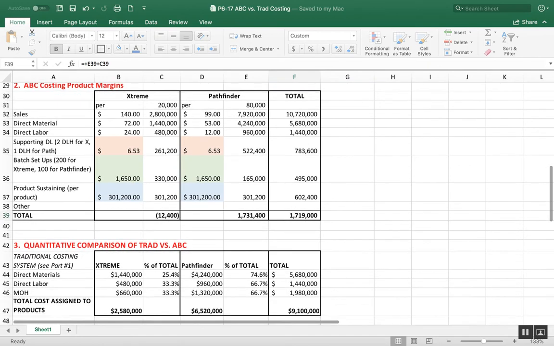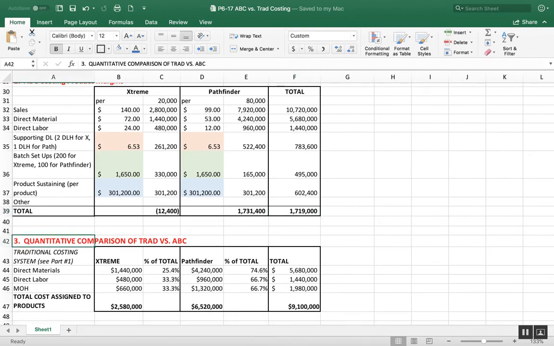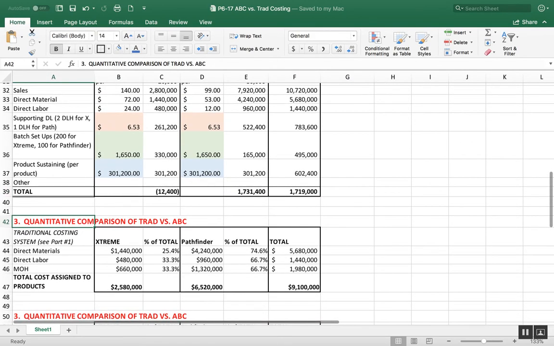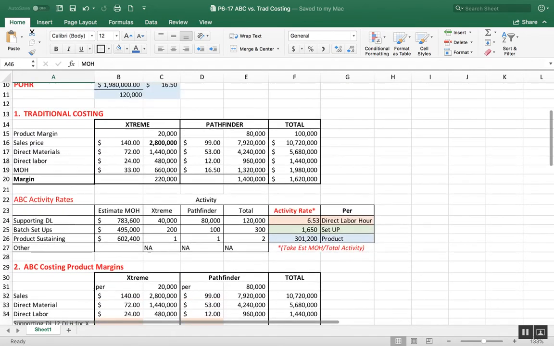All right, and the last question asks us for a quantitative comparison of the two. So what I do here is I take my direct materials. Again, because there's not any difference in the sales part, that part is the same. We take all of the costs, right, which is direct material, direct labor, and manufacturing overhead for the traditional, which was way up here.